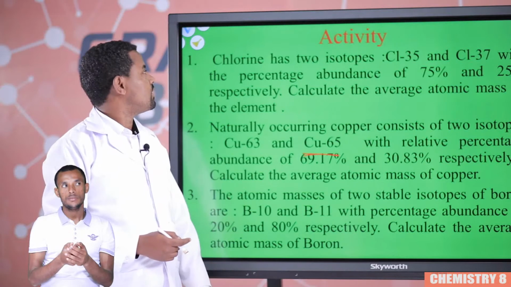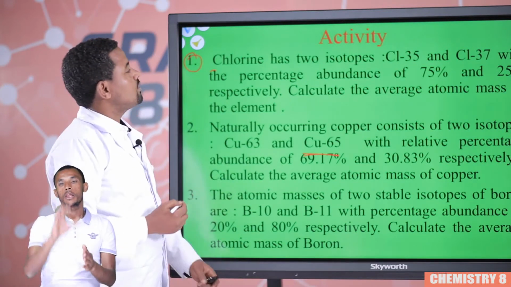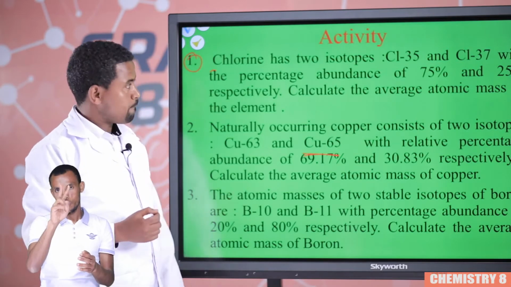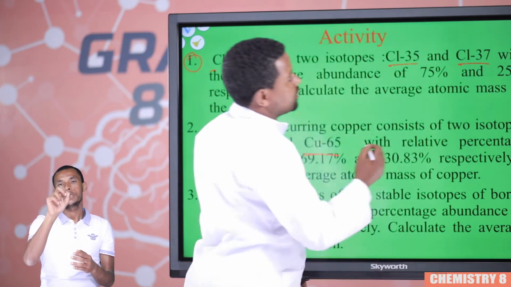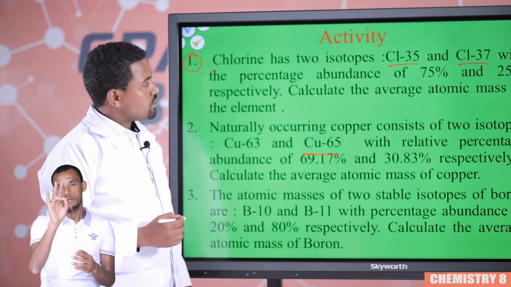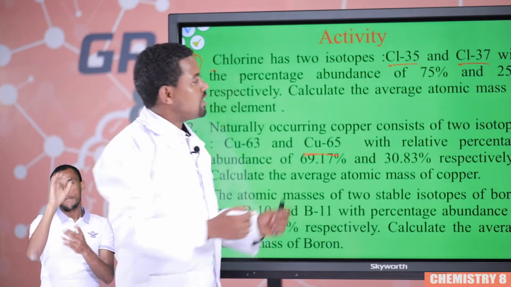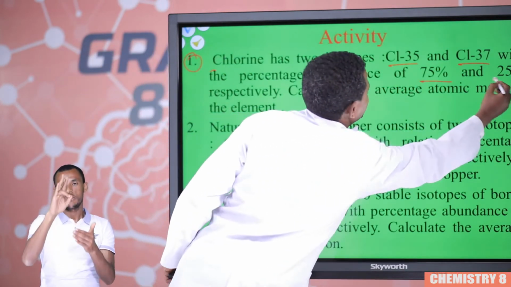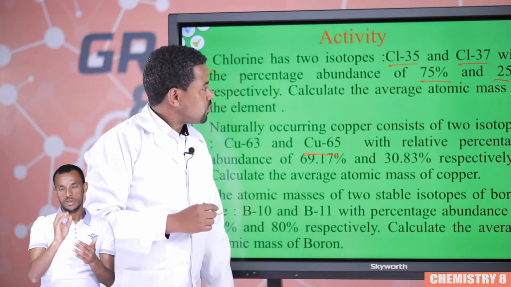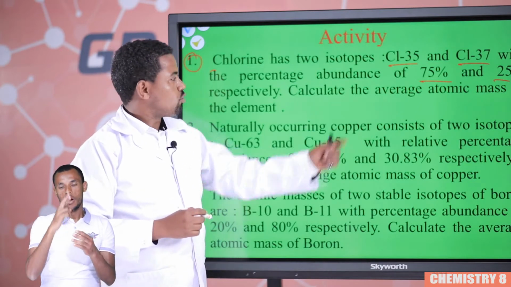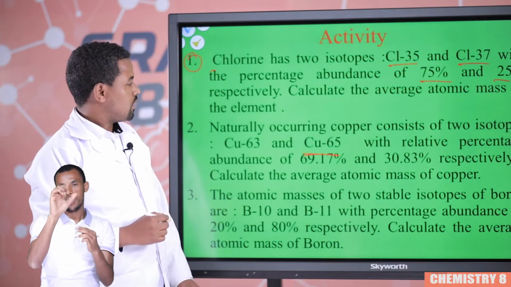Here you have an activity. The element chlorine has two isotopes, chlorine 35 and chlorine 37. This chlorine 35 and chlorine 37 have a percentage abundance of 75% and 25% respectively. Then we are going to calculate the average atomic mass of the element chlorine.